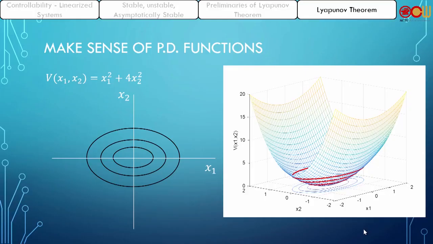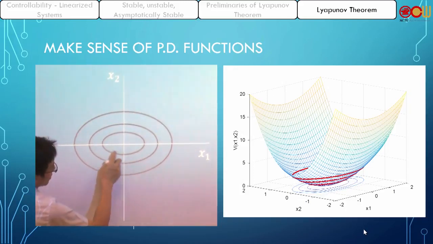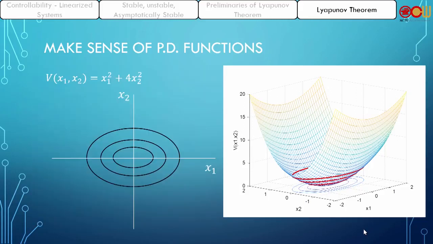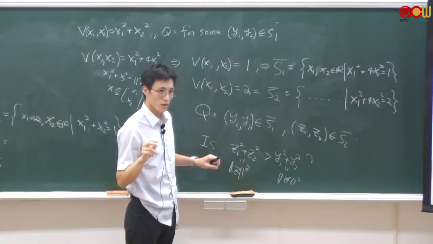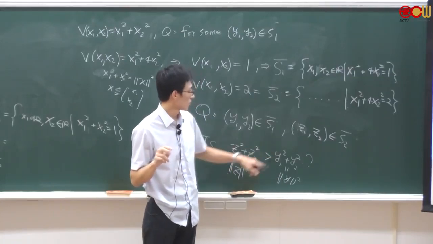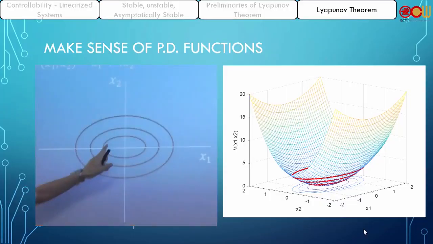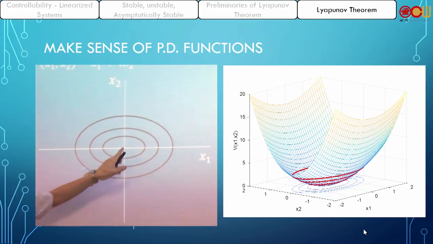That is, given any point on this level surface S1 and any point on level surface S2, is the distance of any point to the origin always greater than the distance of any point on this orbit to the origin? So this is the distance to the origin, given that y is in the level set of S1, z is in the level set of S2. You can consider it a satellite traveling on this orbit, and a different satellite traveling on that orbit.